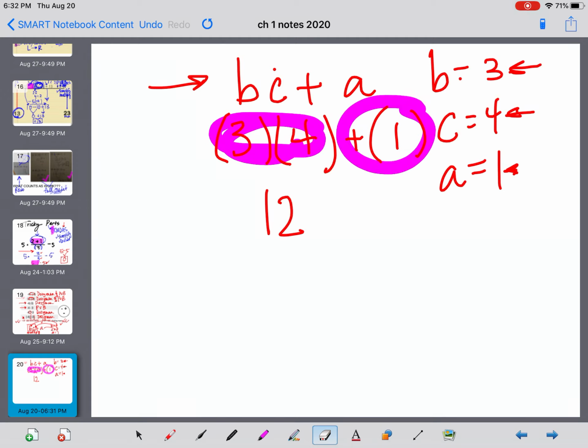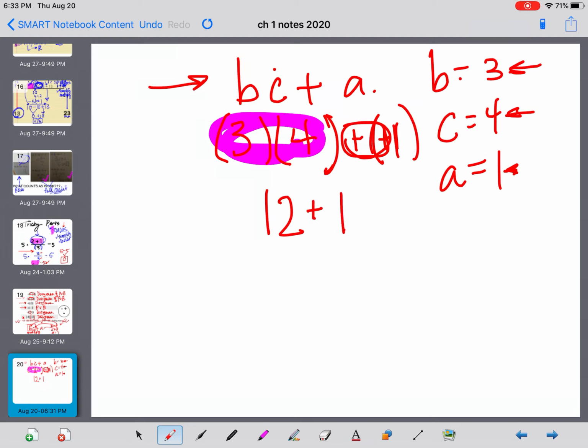Okay, let's think about it like it's multiplication. Let me rewrite this. Plus 1. Now it's in parentheses. This is a positive 1. This would be like my double sign, right? But positive and positive is still just a positive 1. So that one's super easy to simplify.